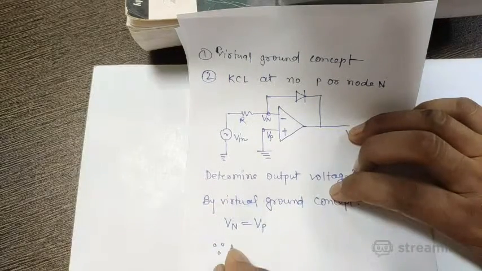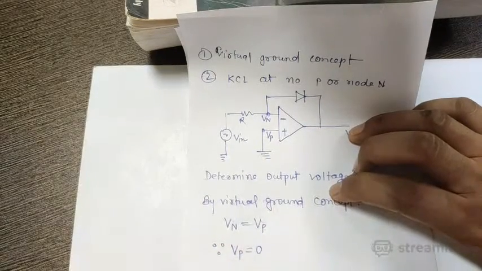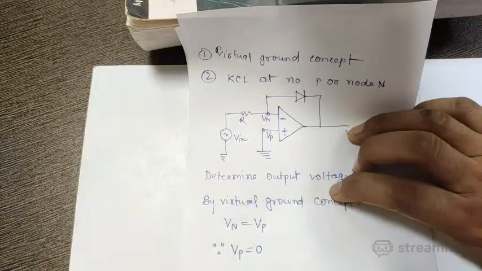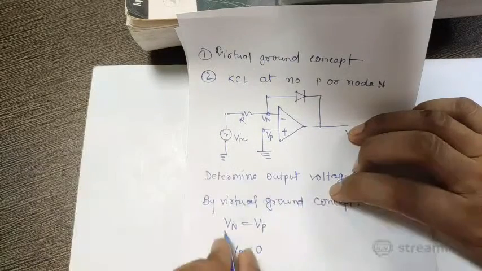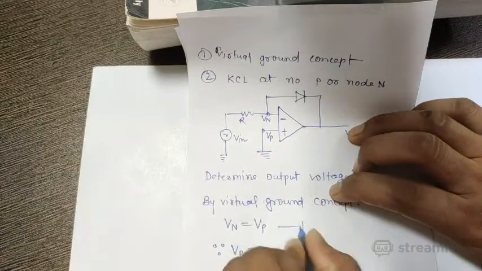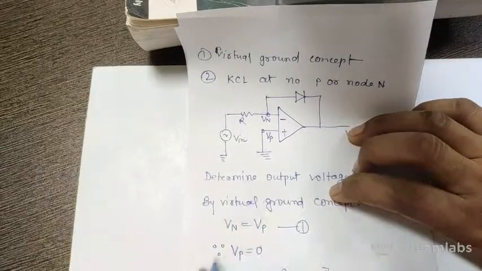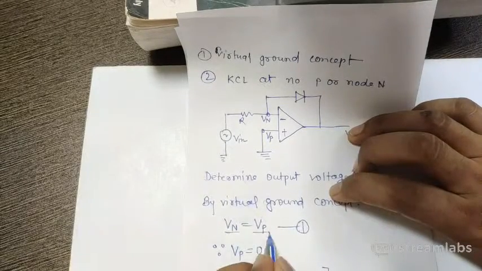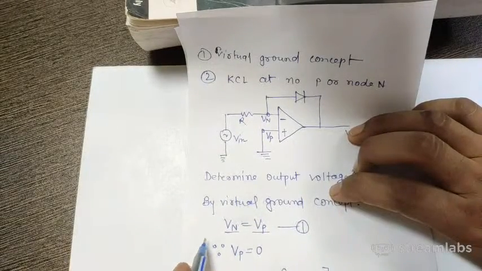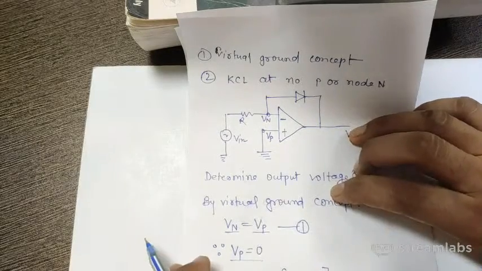Since Vp is directly connected to the ground, therefore Vp is equal to 0. As Vp is equal to 0, therefore Vn will also be equal to 0 by equation number 1.